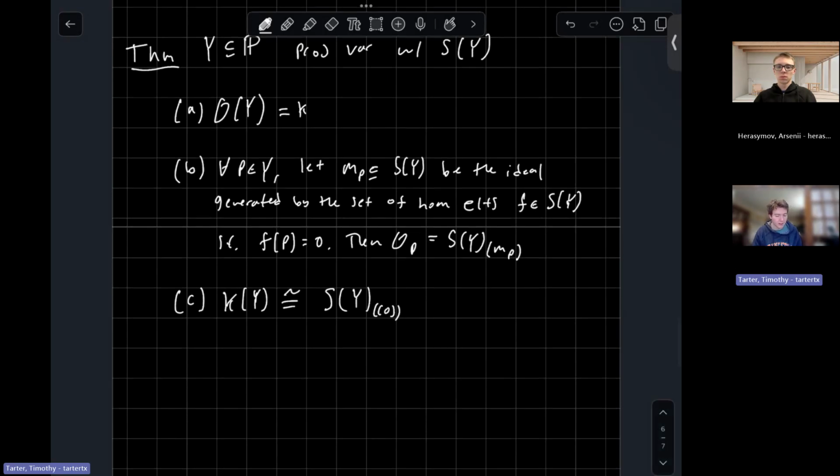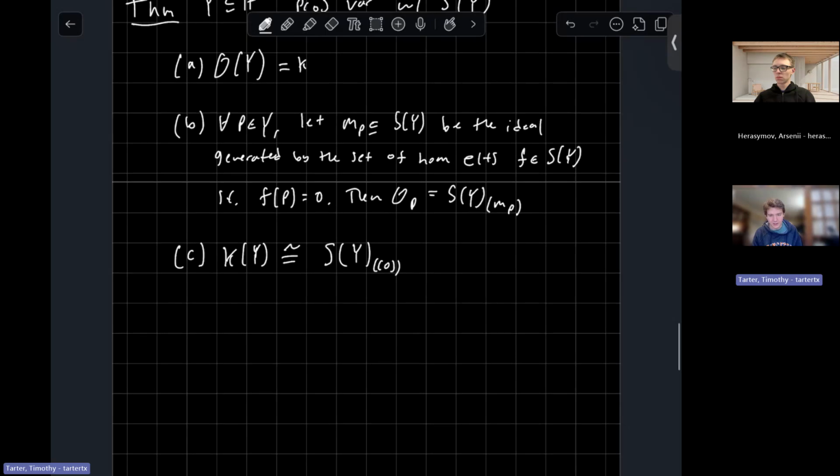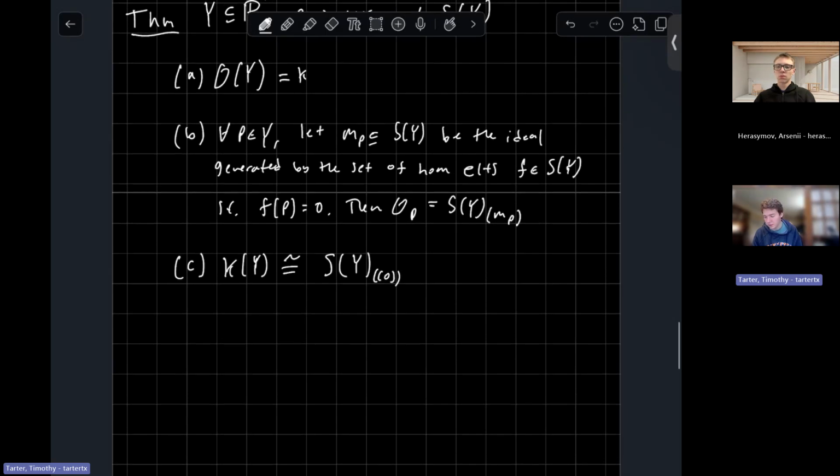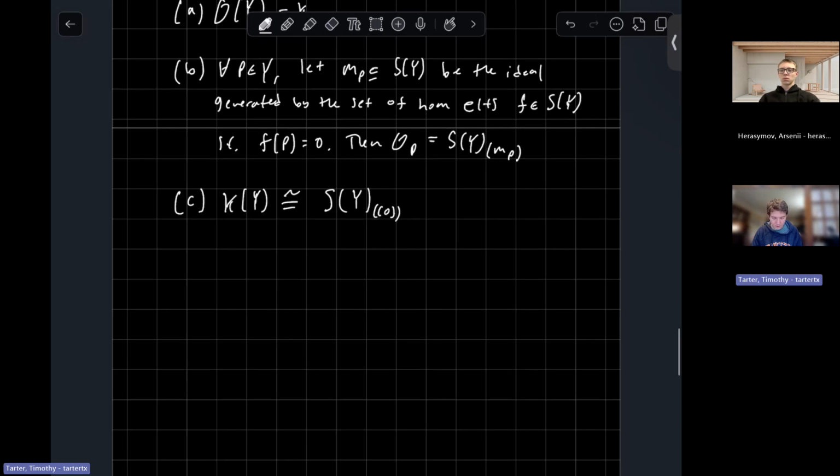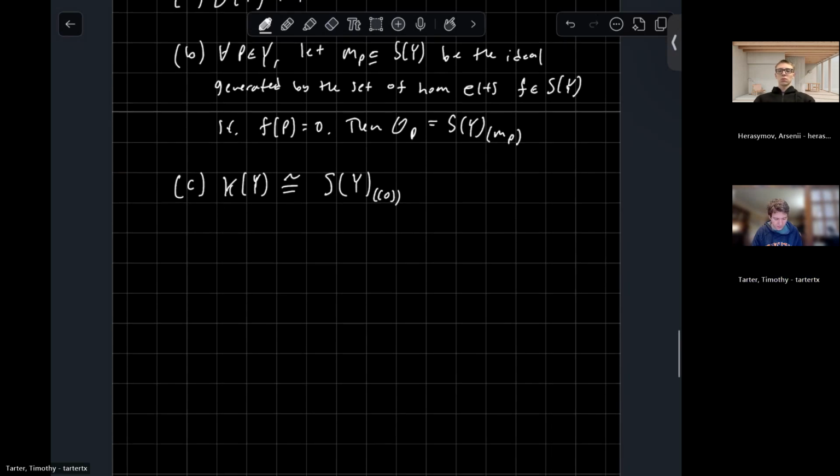Even following the proof in Hartshorne, it's not a very robust proof for understanding it the first time. And so I just kind of want to move on.